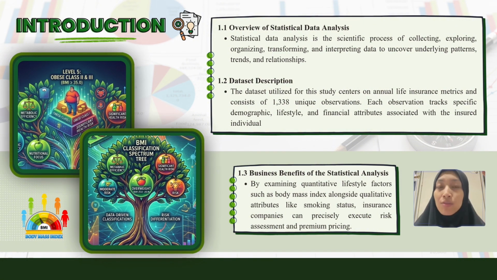Other than that, for business benefit and strategic implication, first, evaluating lifestyle attributes like BMI and smoking status allows insurance companies to achieve immense precision in their risk assessment and premium pricing. This creates an equitable premium structure where high-risk individuals pay rates commensurate with their actual risk.